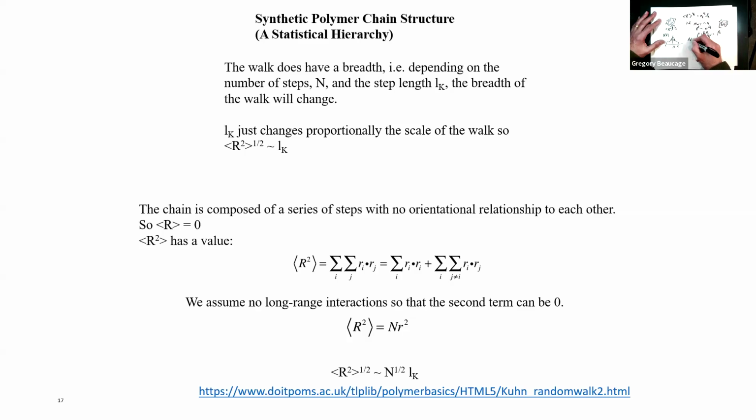So for the polymer, we have the mass of the polymers as n, and the volume of it is going to be this R cubed. So the volume is going to scale, where this squiggly means scales with, meaning there's some prefactor that I'm ignoring because sometimes you don't know what it is.